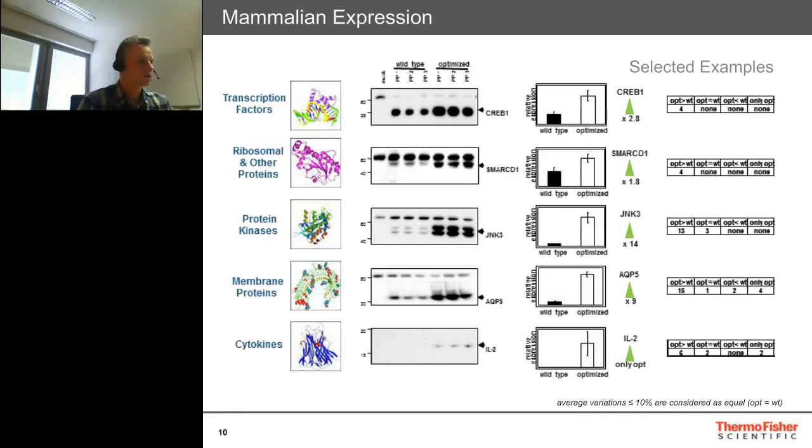And what you can see here is basically plots, and also depicted as a bar graph.